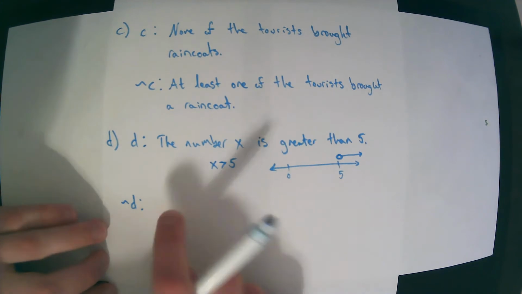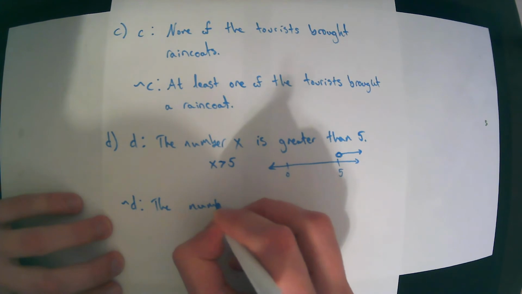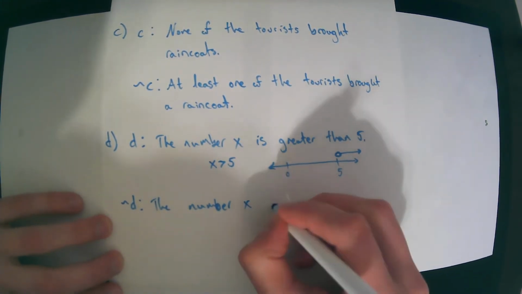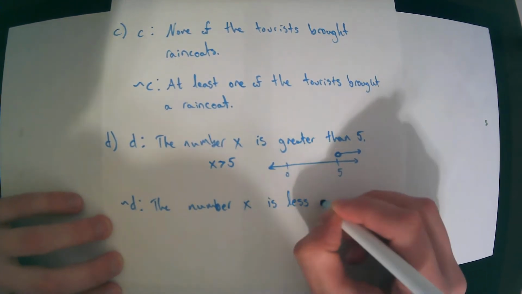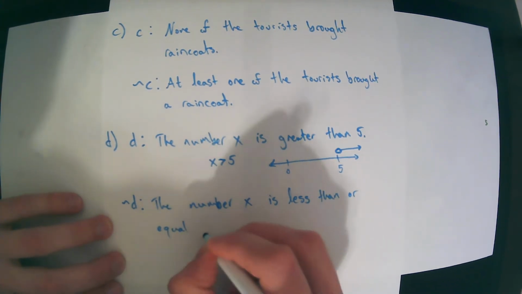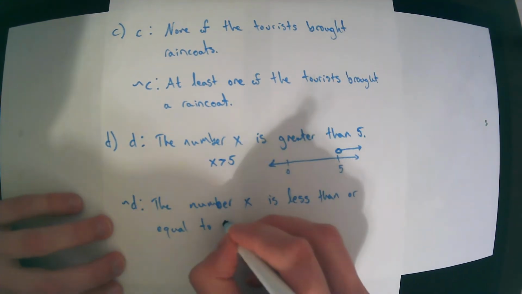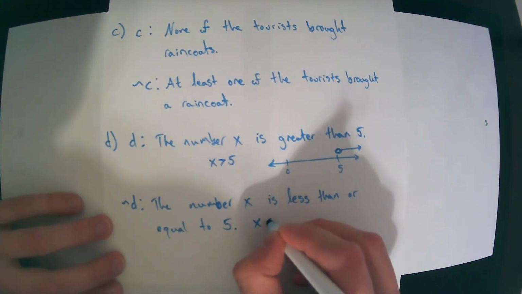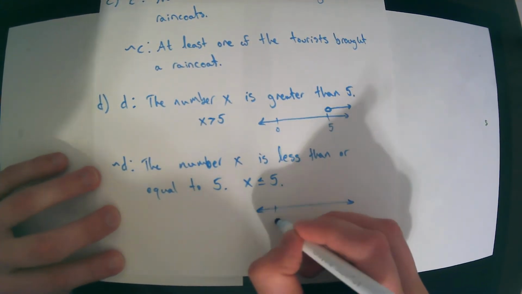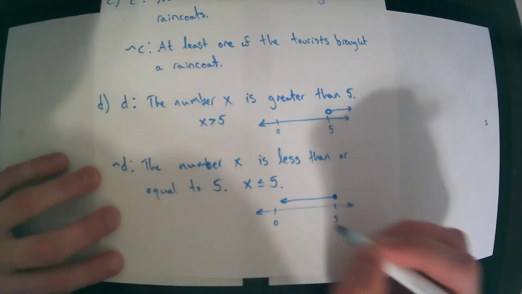So the way I could negate this statement, x being greater than 5, in order to get all the numbers that are going to be the opposite of being bigger than 5, is less than 5, but not just that, less than or equal to 5. Because I want to get every single number that could be the opposite of this statement. So I'm going to say x is less than or equal to 5. So that's going to catch all these numbers, including 5 itself, that are the opposite of being bigger than 5.